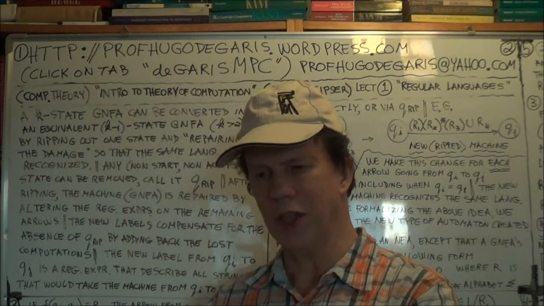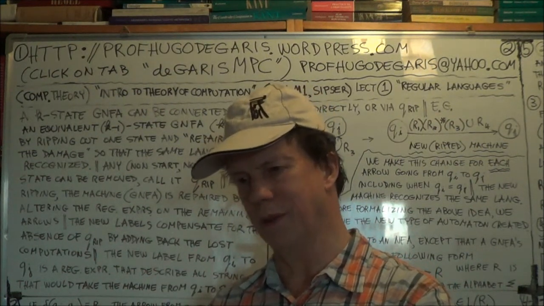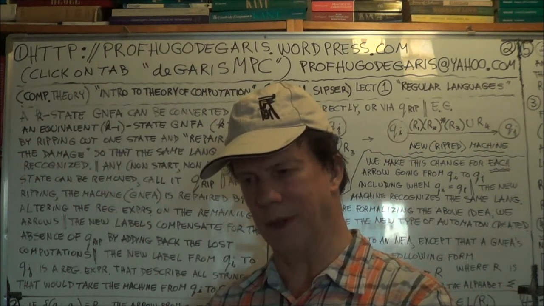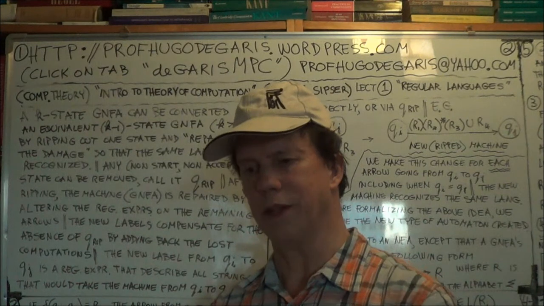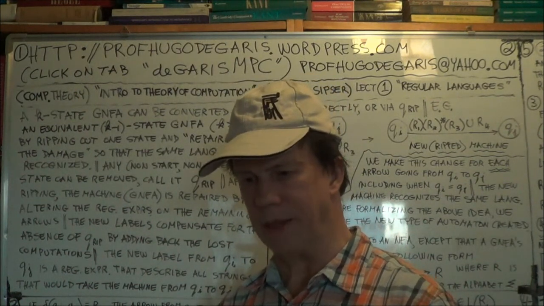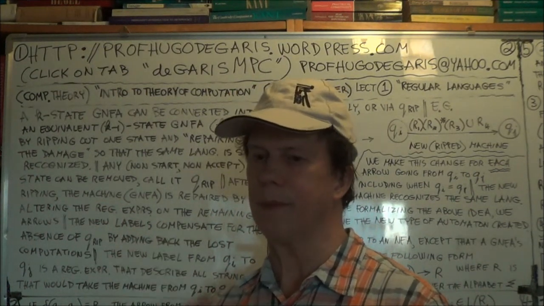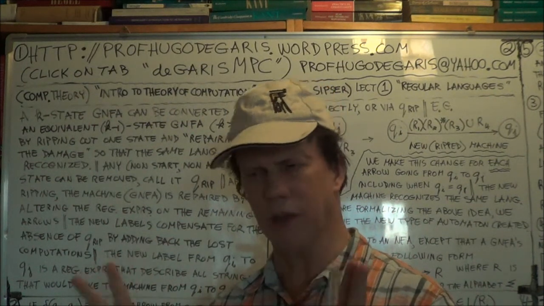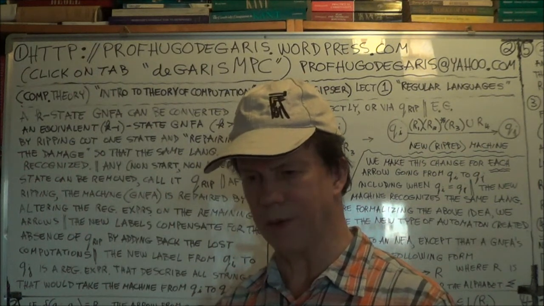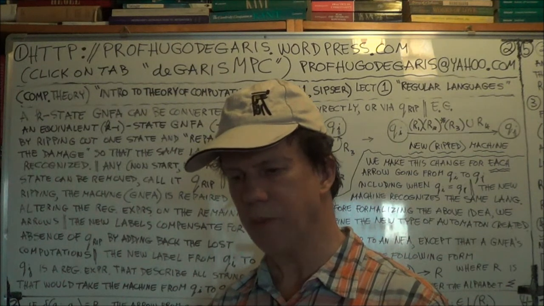So we now have this GNFA, and the next step is to derive a regular expression from it. The way to do that, you may remember from the last minute or so of the previous session, is you rip out one of the states of your GNFA, not totally random, I'll get back to it, and then you repair the damage.